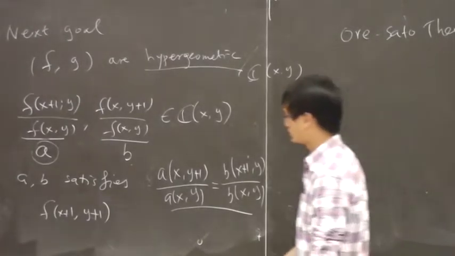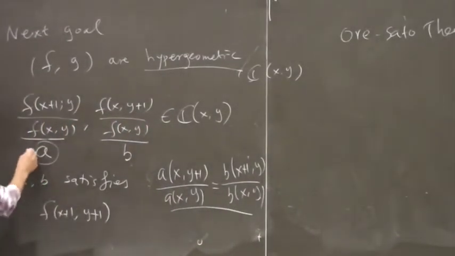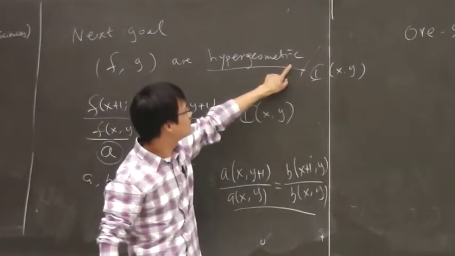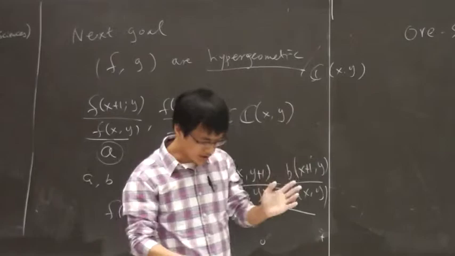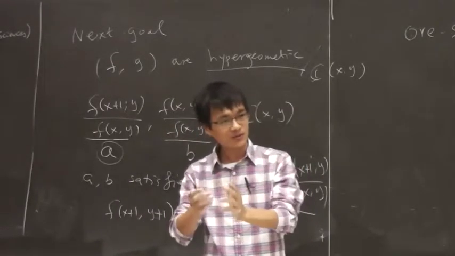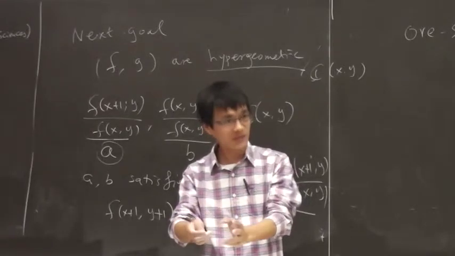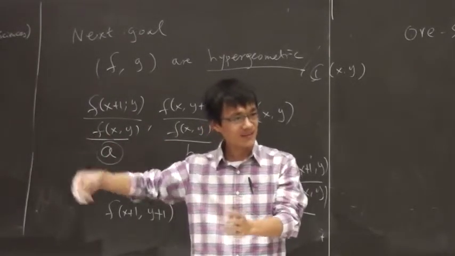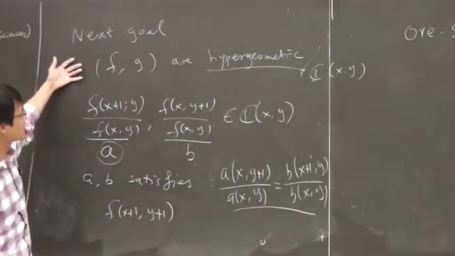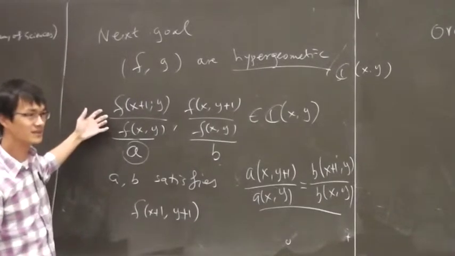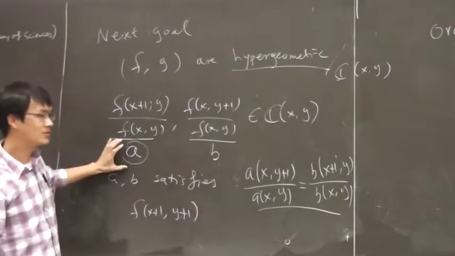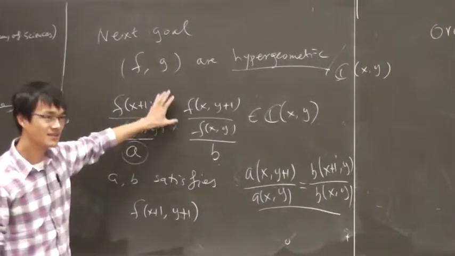The motivation of Ore-Sato is the following. For hypergeometric functions in the univariate case, you can prove easily that any hypergeometric term can be written as a product of a rational sequence and some gamma functions. With Ore-Sato, the pattern in the univariate case is still true in the multivariate case, which means any multivariate hypergeometric term can also be written as a product of a rational sequence times some gamma functions.